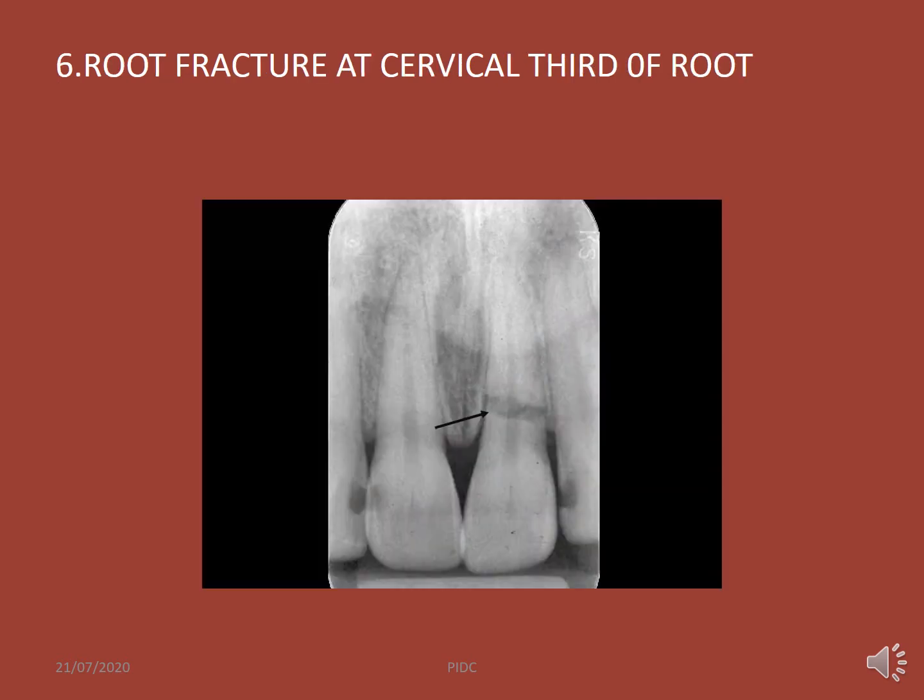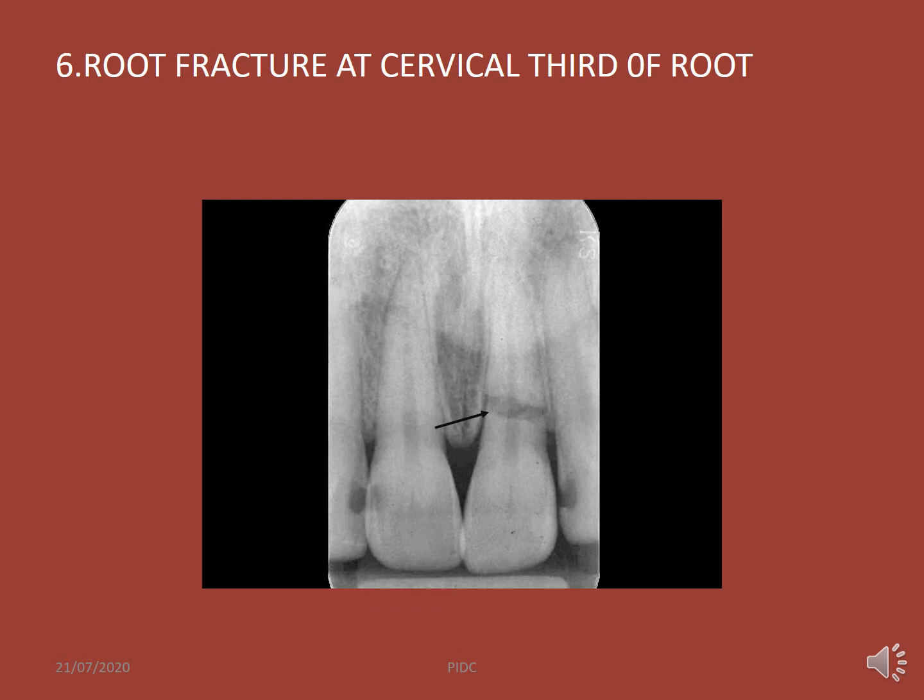Among all the root fractures, the poorest prognosis is for the root fracture occurring at the cervical third. Now, you may ask why the root fracture occurring at the cervical third has a poorest prognosis. The reason is that there might be a constant source of ingress of bacteria and toxins from the oral cavity into this perforation site, leading to failure of the root canal treatment.